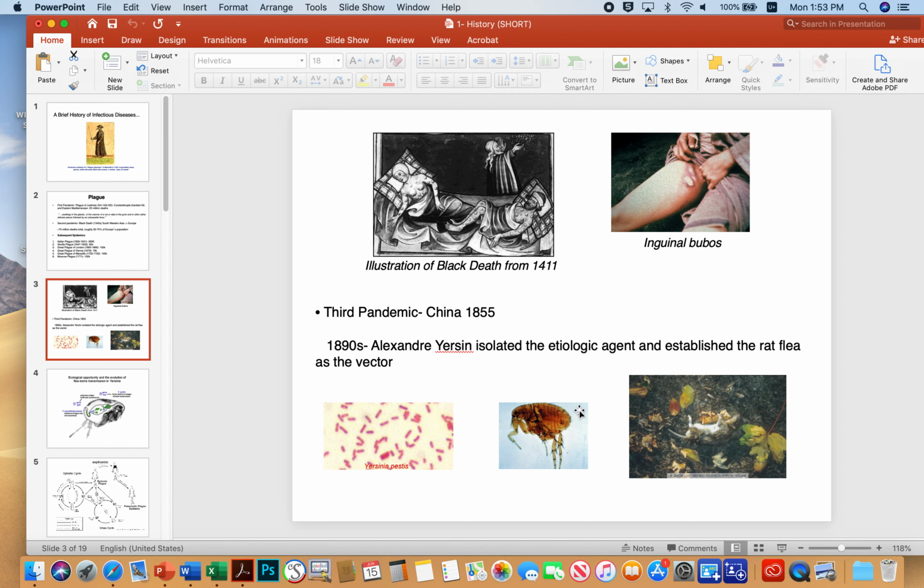And so presumably what was happening is that the fleas were feeding heavily on infected rodents and then occasionally jumping onto humans and then spreading the bacteria accordingly.